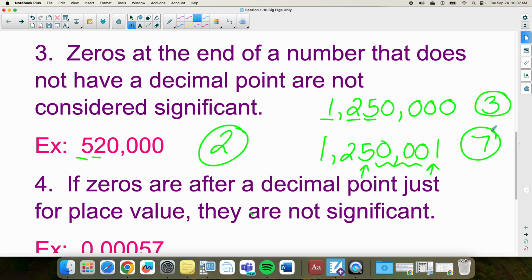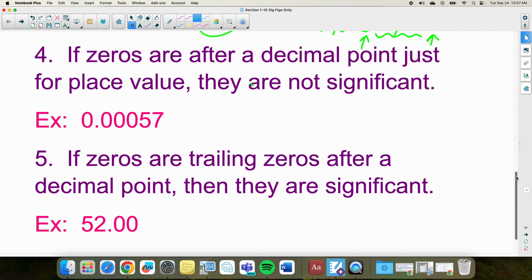Okay? All right, if I go down here, another way that we have a lot of zeros is if we have an extremely small number where we have zeros that are there just for placeholders to make this number small, okay?